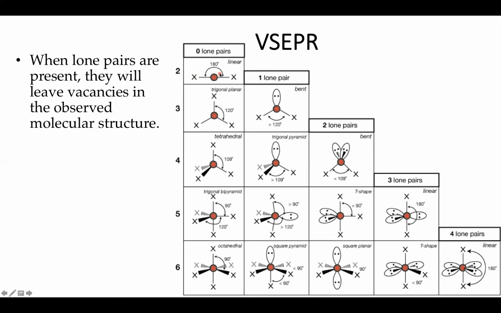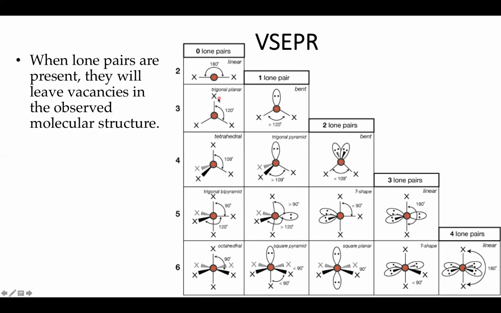Now, this means you're going to be linear. It doesn't matter even if you do have a lone pair, because guess what? You'll still be linear. However, let's say I have 3 different electron domains. Now, if each of those is a different atom, then I will be trigonal planar, because whenever your electron domains equal your number of atoms, what you see is what you get, and your molecular structure will be the same as your electronic structure.